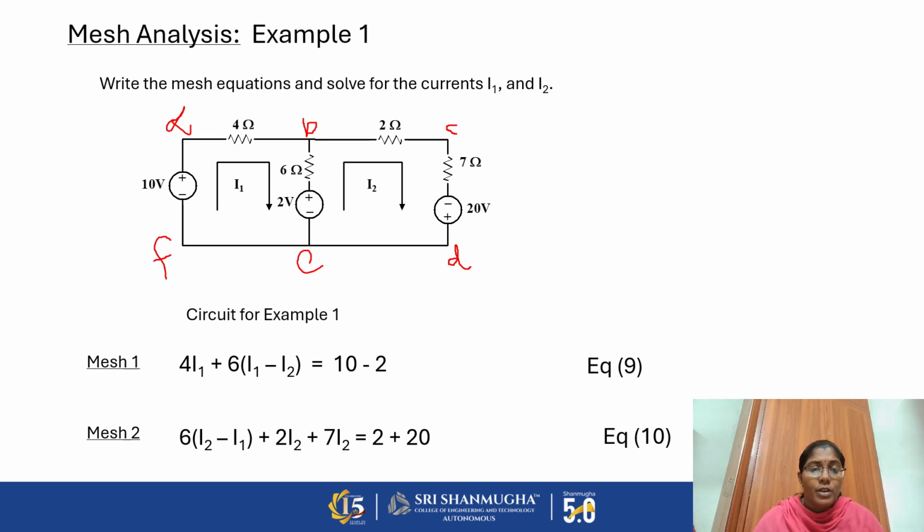Here you can look at the difference between these two equations. For the 6 ohm resistor, in the first mesh equation you write I1 minus I2, while in the second mesh equation you write I2 minus I1, plus 2I2 plus 7I2, which is equal to 2 plus 20.